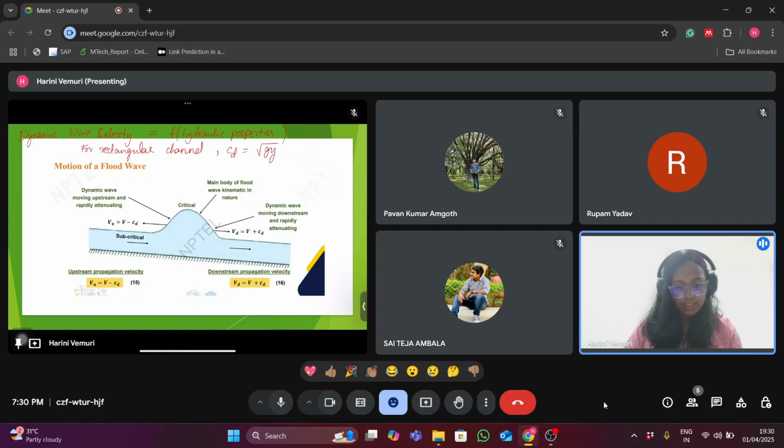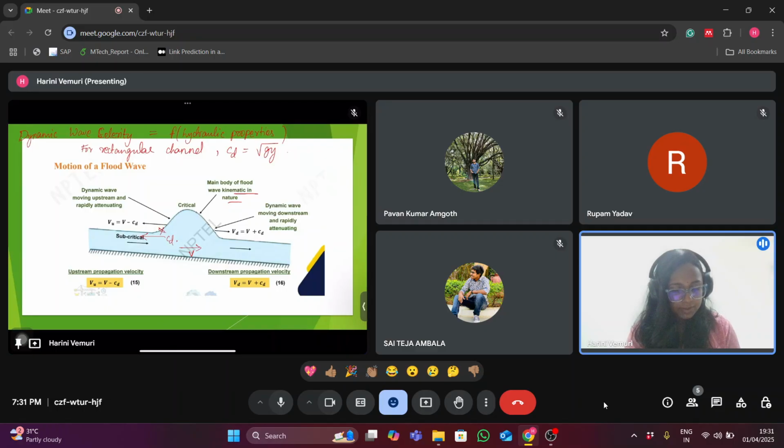If you see how the wave proceeds, the main body of the flood wave is kinematic in nature, but on the upstream side the propagation is by the dynamic wave velocity, while the flow of water is V on the downstream side. So the velocity of the wave at the upstream location will be V minus Cd.